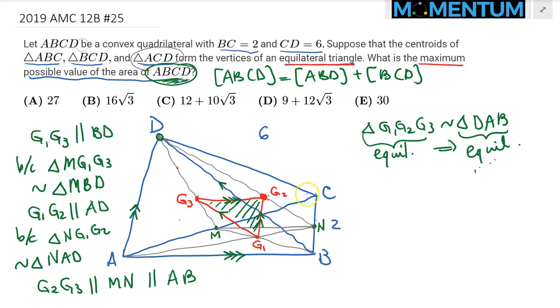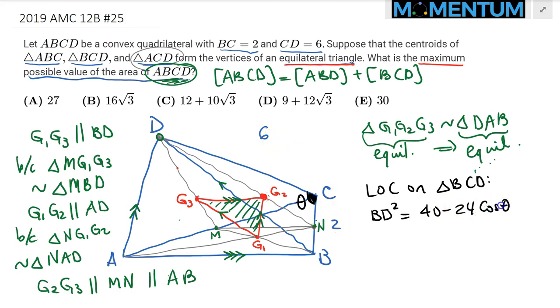So all you do is, if you mark this angle here as theta, then we can go ahead and apply the law of cosines on triangle BCD. That would give us BD squared equals 6 squared plus 2 squared, which is 40, minus 2 times 2 times 6, which is 24, cosine of theta.